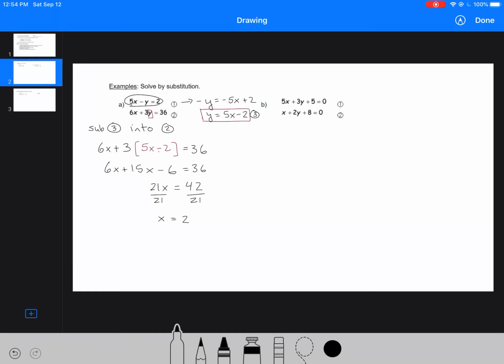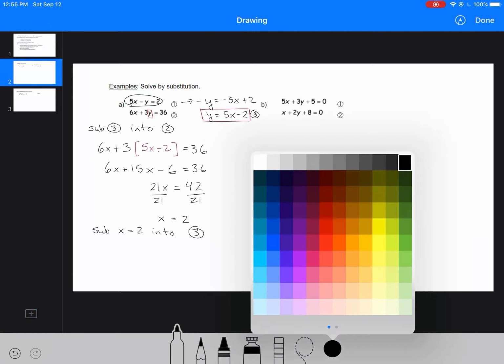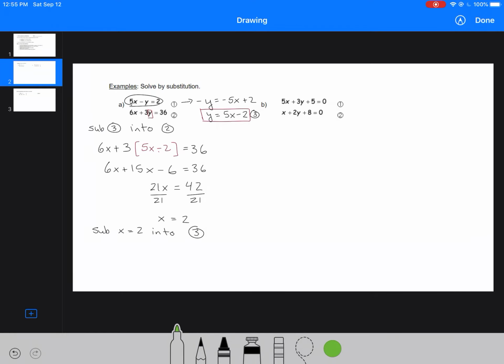So now I've solved for one variable, and now I need to solve for my other variable. So I'm going to substitute x equals 2 into my relationship here that I created for y. So I'll use green to demonstrate that. So I'm going to take this and I'm going to substitute it right back in here.